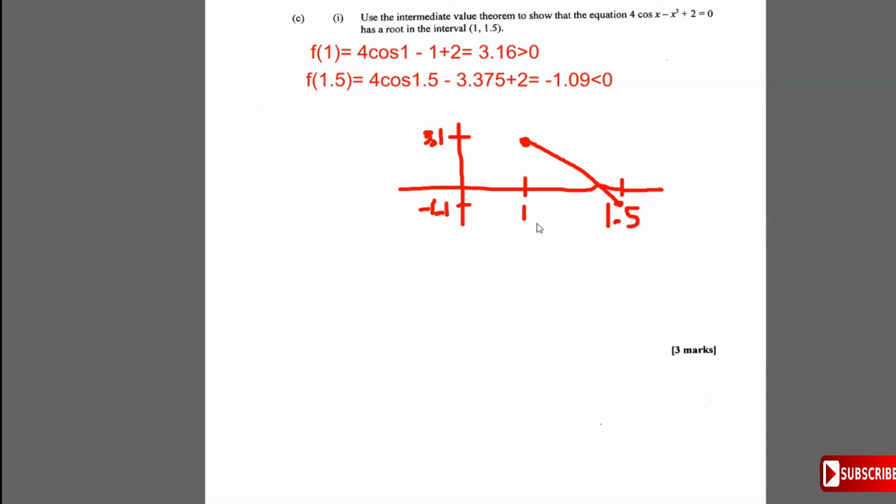And so clearly by IVT, the intermediate value theorem, don't you need to start with that?